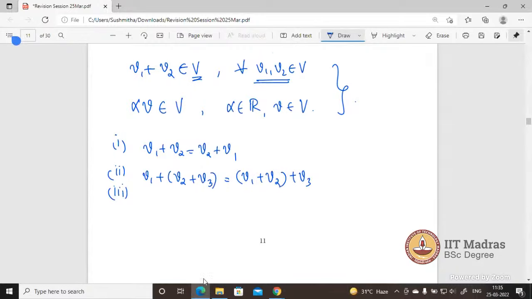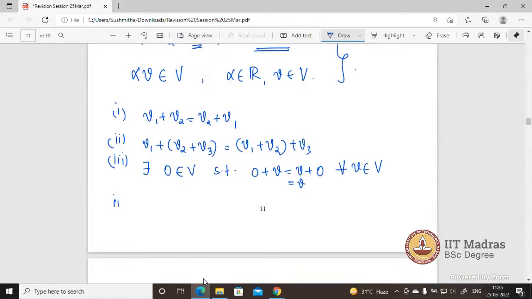And then zero vector. There exists a zero vector in V such that 0 plus V is V plus 0, which is equal to V, for all V in V. If I add the zero vector, it should be the same vector. Then the inverse vector, or minus vector, negative vector, whatever we call it.